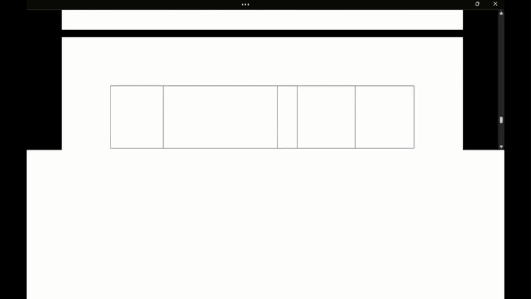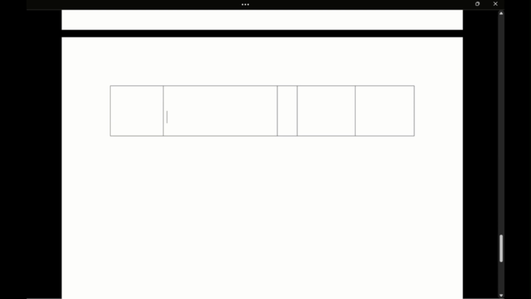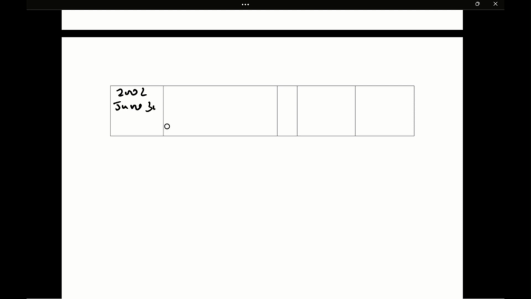Here we have the last entry. So paid for stationery, rent and salaries to staff. The date is June 30. So first, stationery account debtor.